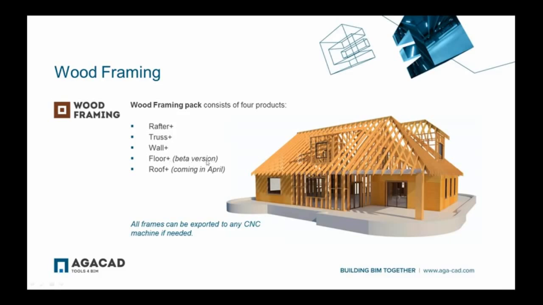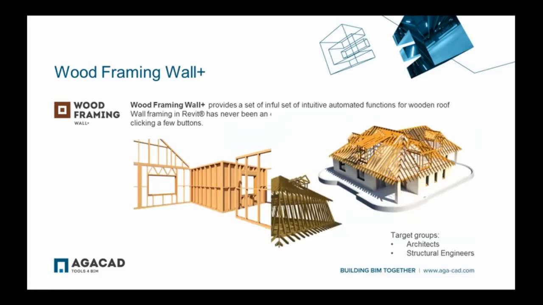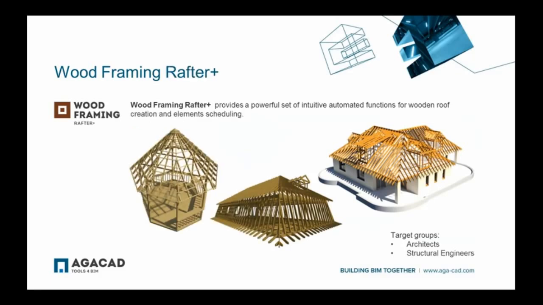At the moment we have a beta version of Floor Plus, and we're going to release Roof Plus, which will be able to make panels on your roof. All frames created using these products can be exported to any CNC machine if needed. So let's start with Rafter Plus.